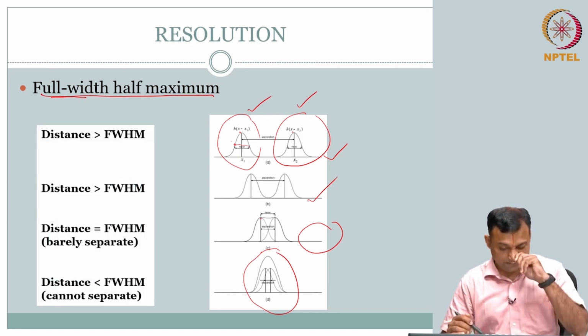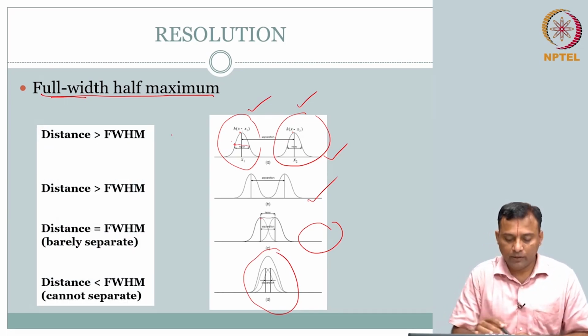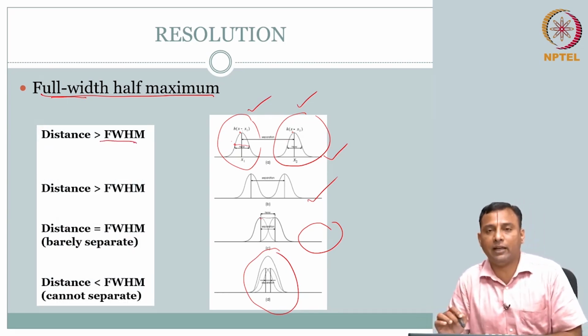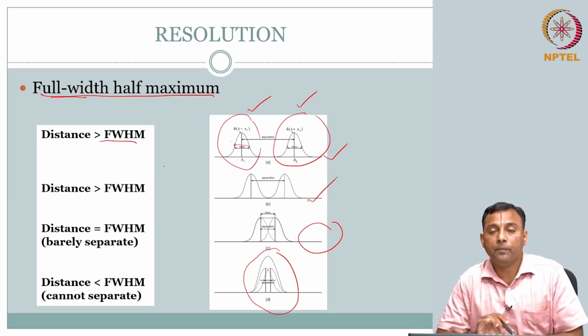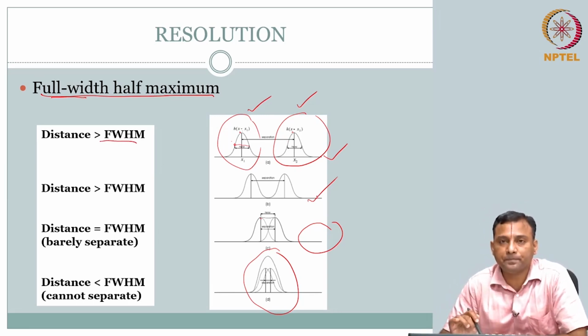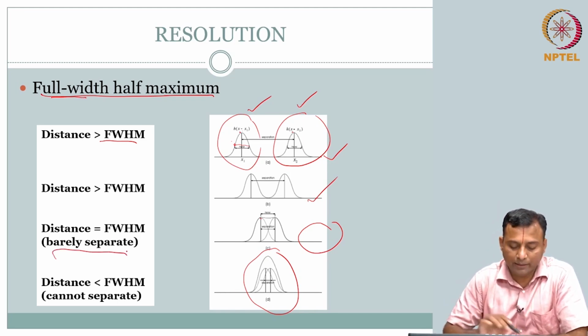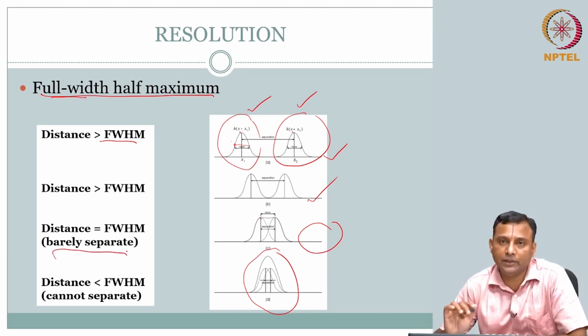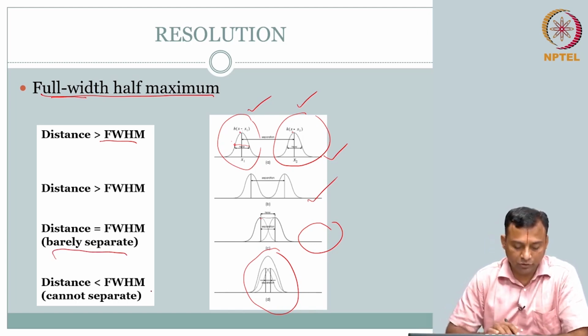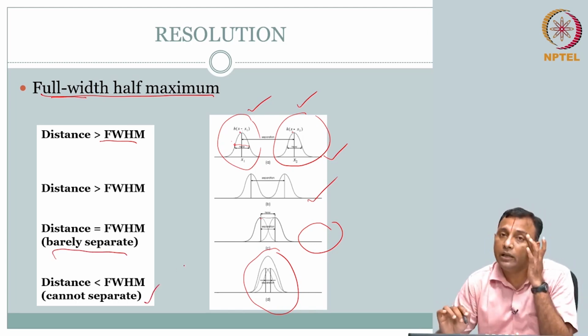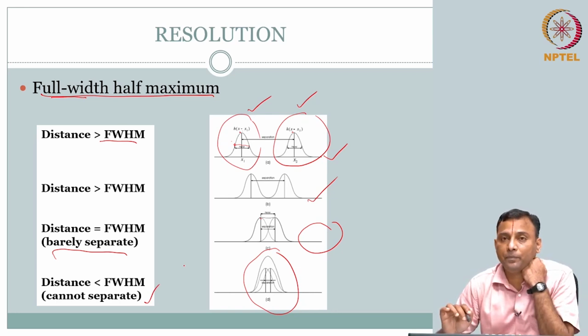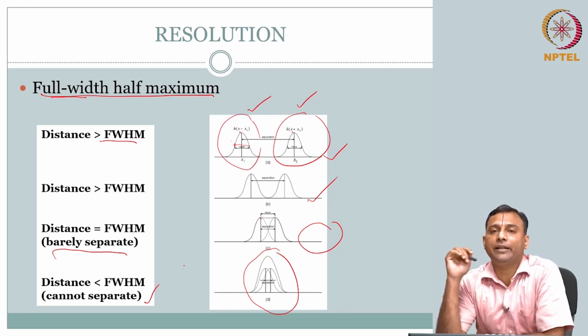So, that means if the distance of separation is greater than your full width at half maximum, then it is resolvable. If it is barely separate, that will be your resolution limit. Of course, if you cannot separate, then it is beyond resolution limits. You see the advantage of this operation?